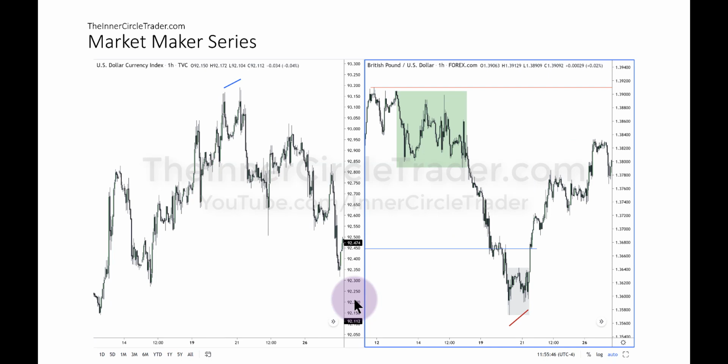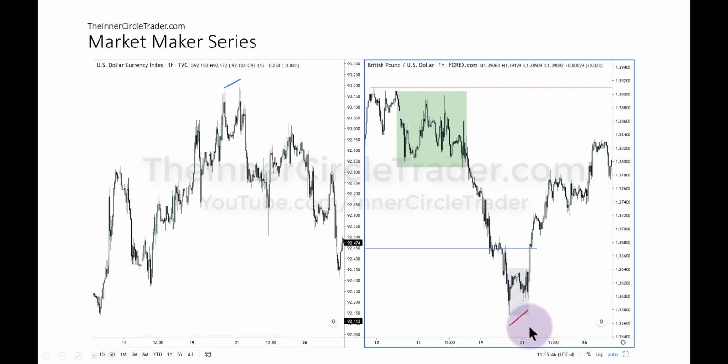Better view of what I'm referring to here is SMT divergence. On the right hand side, it's the chart of the pound dollar, and the left hand side, it's the dollar index. Here's that higher high in its own chart, and then here's that higher low on its independent chart on cable. So these two price points are correlated to these two price points.